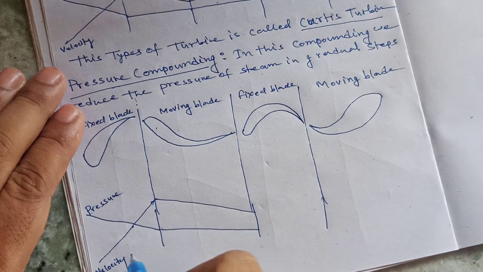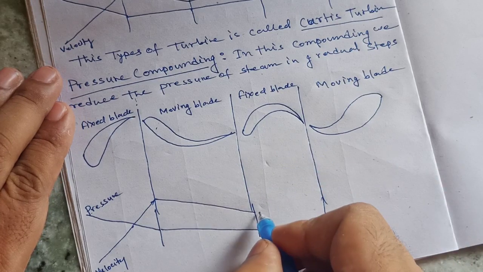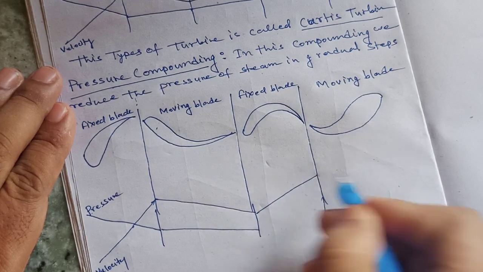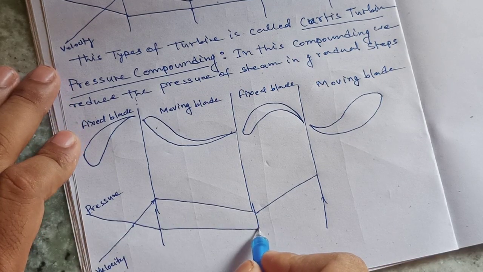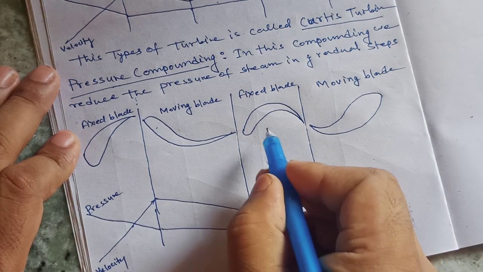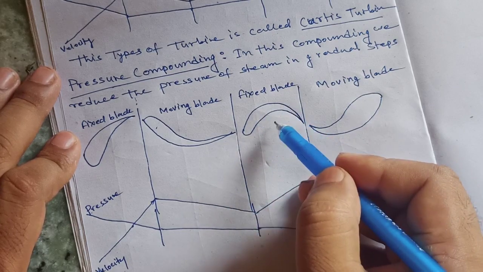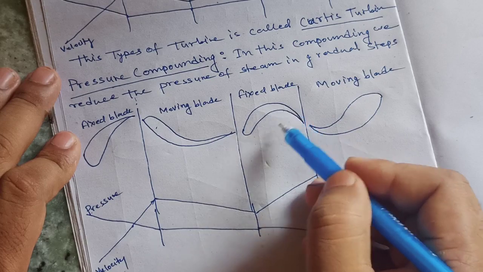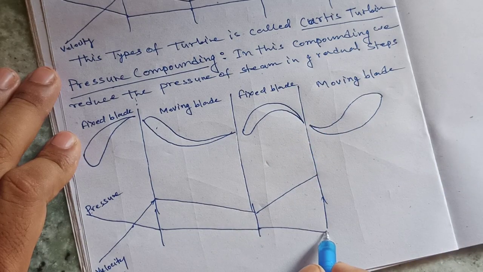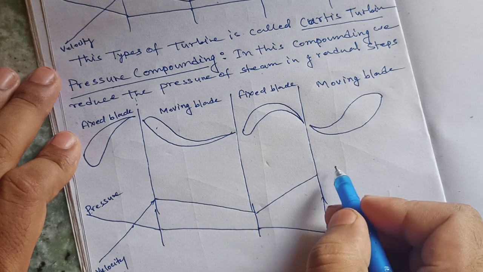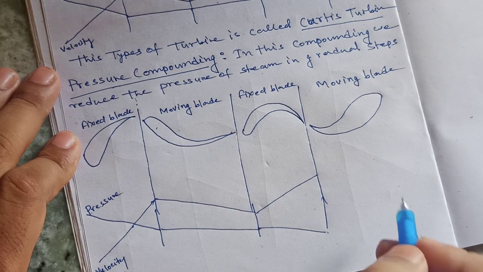At the fixed blade, when it is a nozzle, the velocity further increases, but pressure will reduce because it is a nozzle. In the nozzle, velocity will increase and pressure reduces.